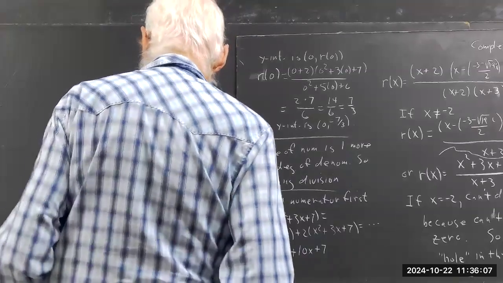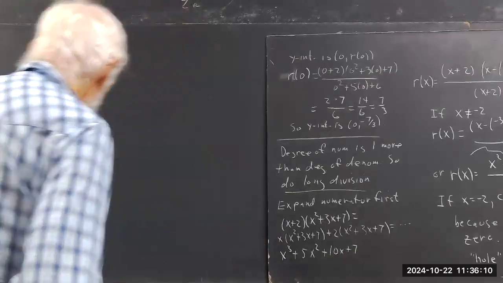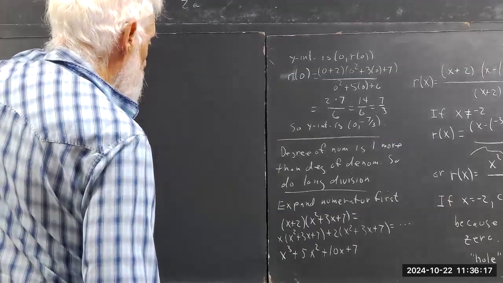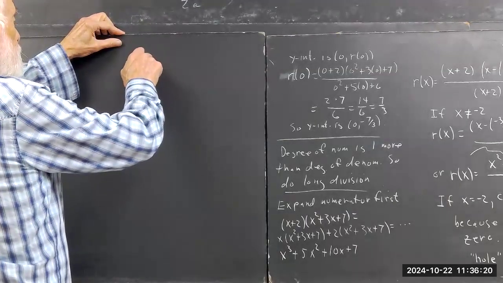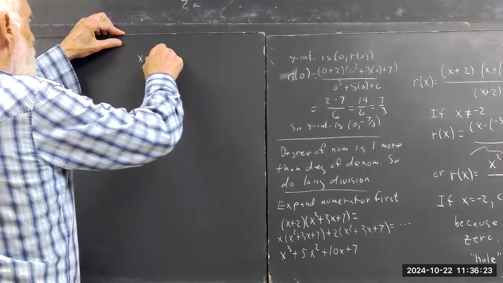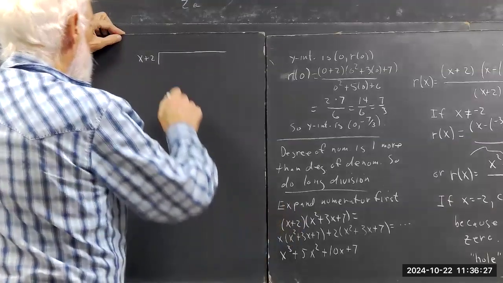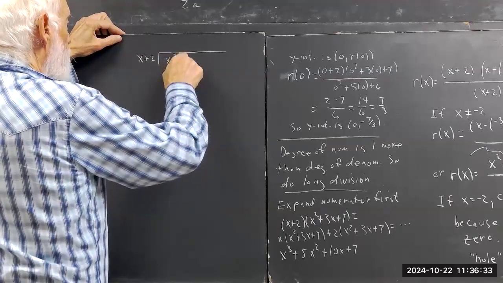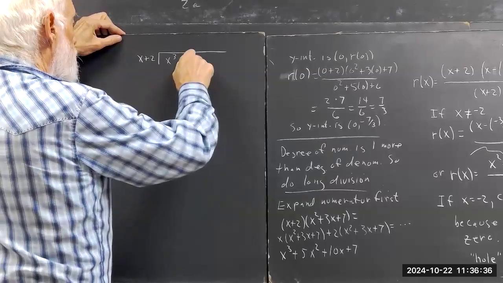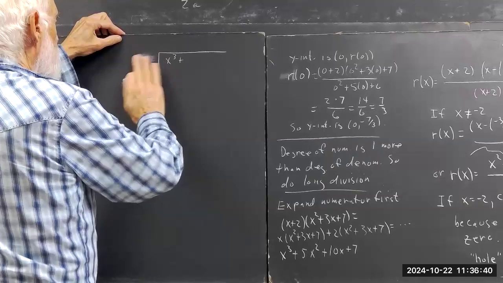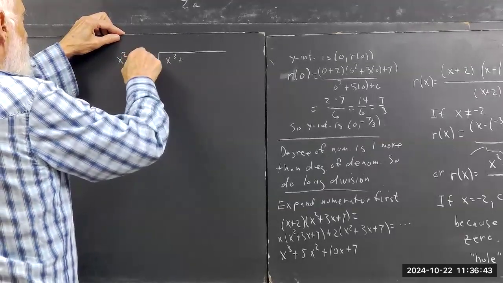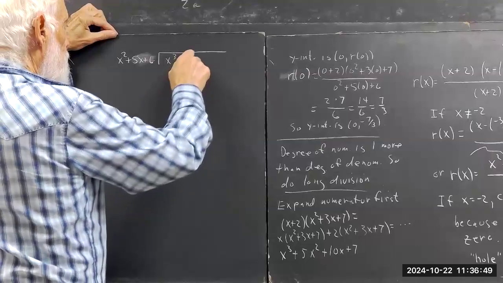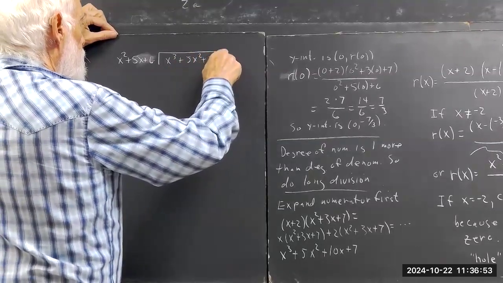So now we can divide the denominator, which is x squared plus 5x plus 6, into x cubed plus 5x squared plus 10x plus 7.